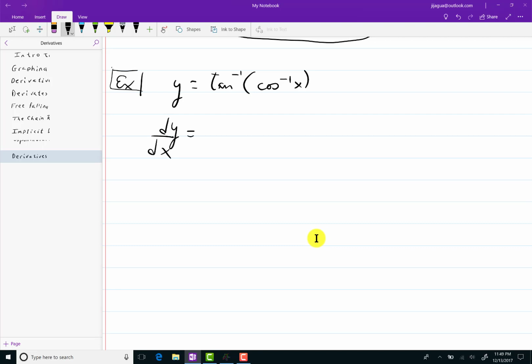The first thing I'm going to process is arctan, so I get 1 over 1 plus something squared. Well, what is that thing that goes there? Well, that's the stuff that's inside the parentheses, cos inverse. But then because of the chain rule, I have to multiply by the derivative of cos inverse of x. And I don't see anything to change down here.